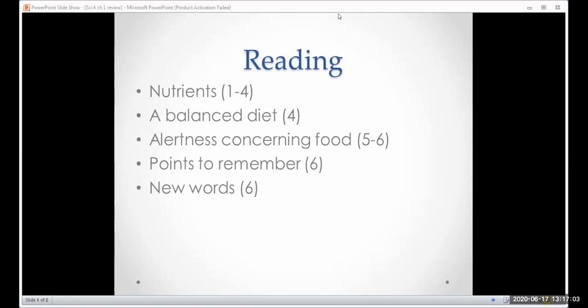Sugar and starch are two types of carbohydrates. Rice, sugar, and potato are some foods which are rich in carbohydrates.